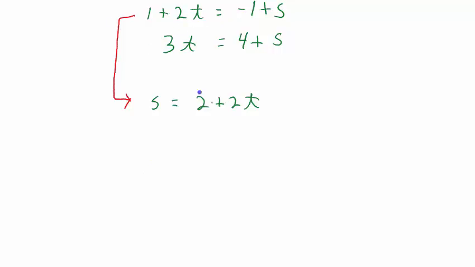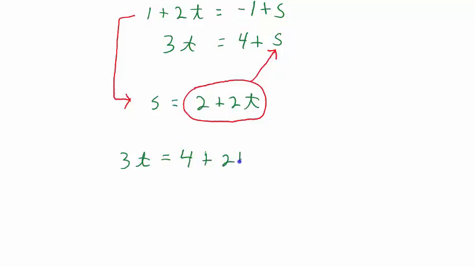Then what I'm going to do is plug this in for s right there, which gives me the equation 3t equals 4 plus 2 plus 2t. This is what I plugged in for s right here in parentheses. Now this is easy enough to solve for t. If I subtract 2t from both sides, that leaves me with t on the left side, and 4 plus 2 is 6. I get t equals 6, and if t equals 6, that means s equals 14 if I plug that in right there.